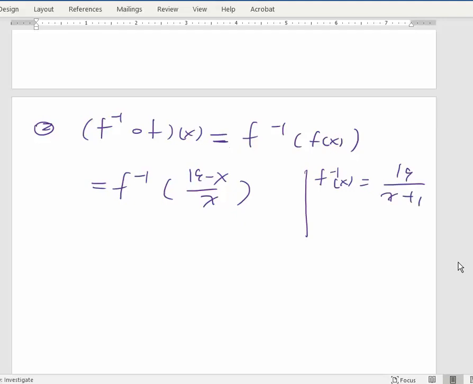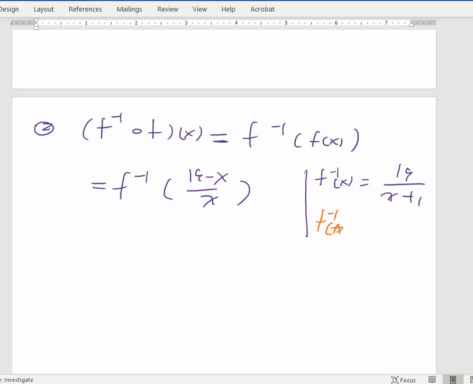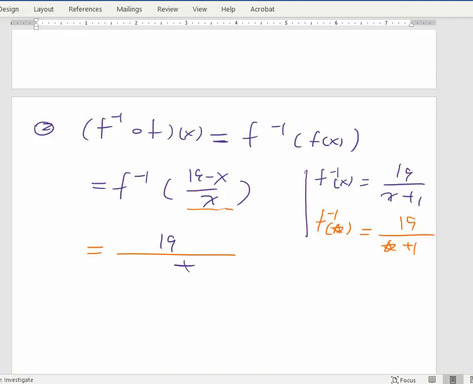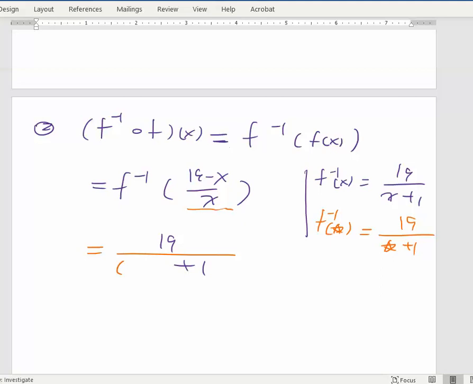Remember this x can be replaced by anything, right? So I can put a star in here. So this will be 19 over the star plus 1. And this time, this whole thing is the star. So if I use the f inverse function, I will have 19 over the star here, and the star here is the parenthesis 19 minus x over x.